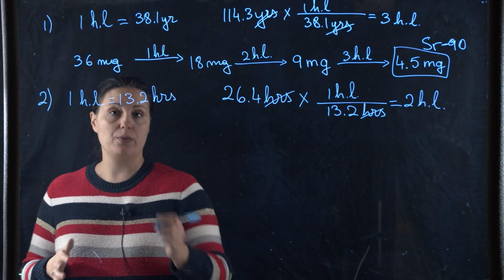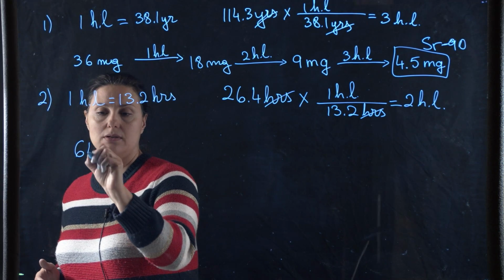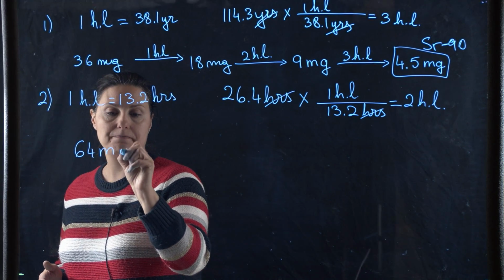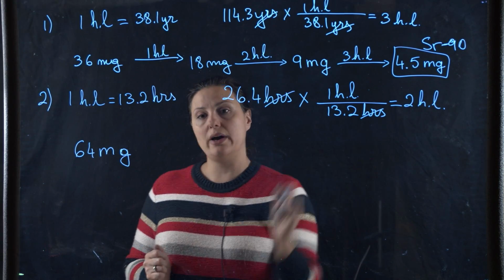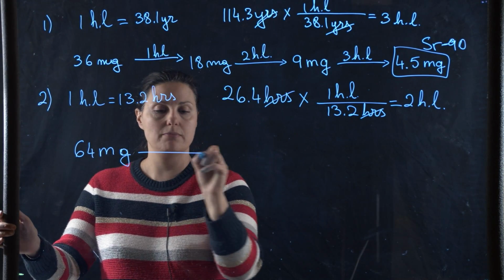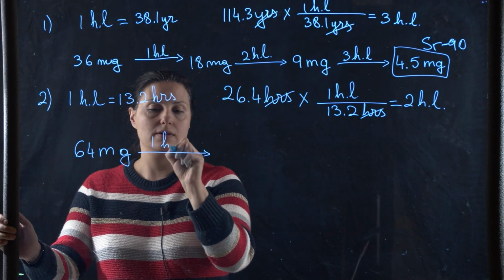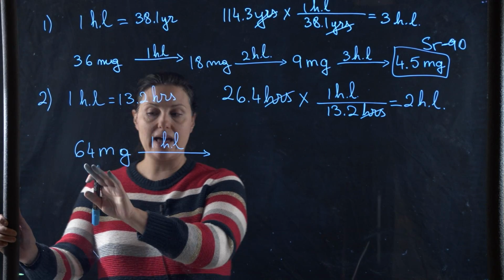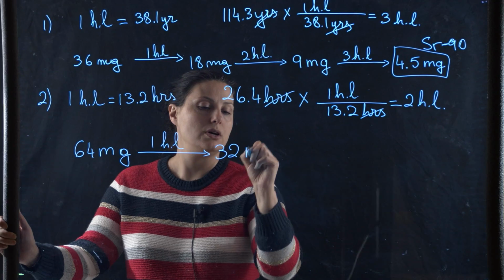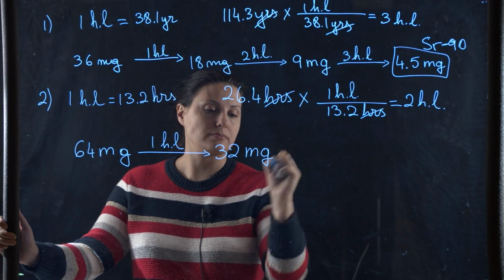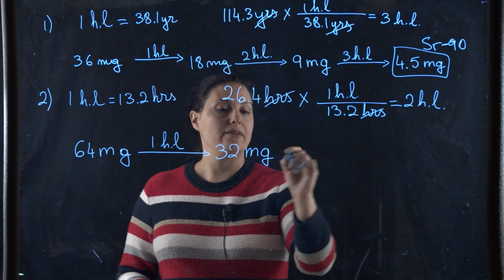So if I start out with 64 milligrams, how much do I have left after 2 half-lives? Well, let's do arrows. My first half-life, I will divide this by half because that's the definition of the half-life. 32 milligrams. But I need 2 half-lives to pass.